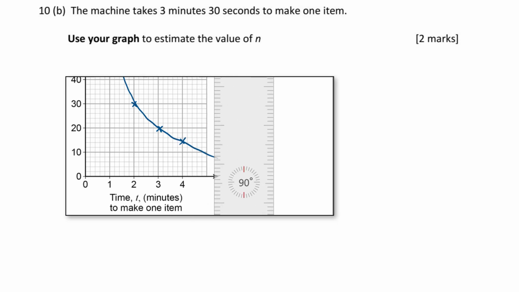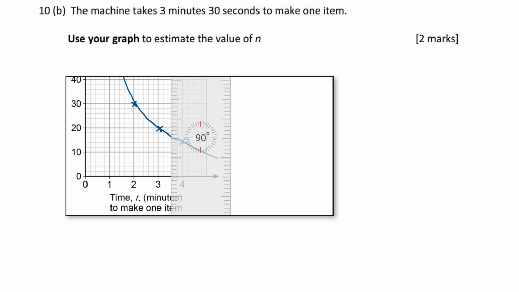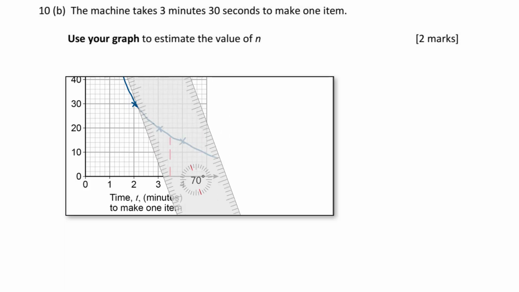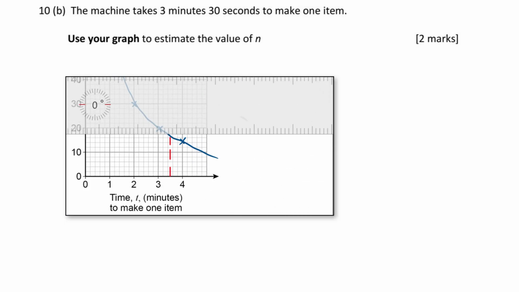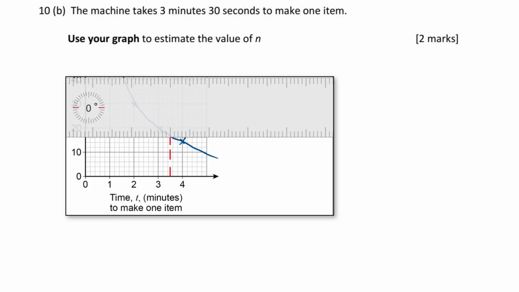Draw a line up from 3.5, which is going to be halfway between 3 and 4, to the line. Okay, and when we get to the line, I'm going to change direction, and we're going to go that way until we get to the y-axis.